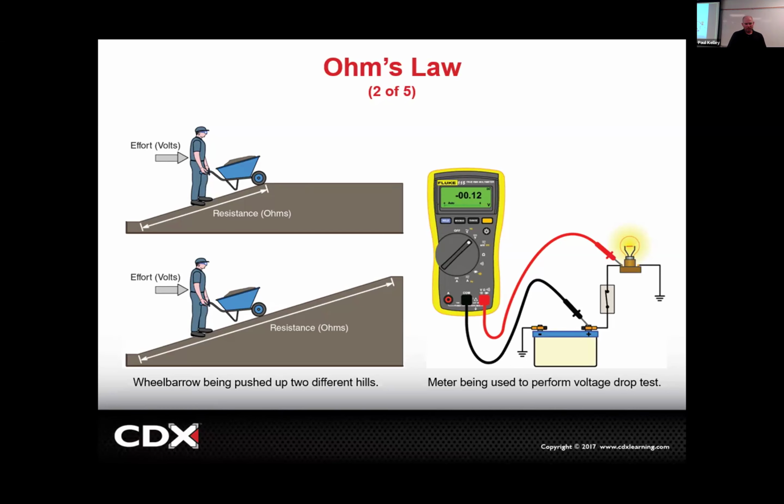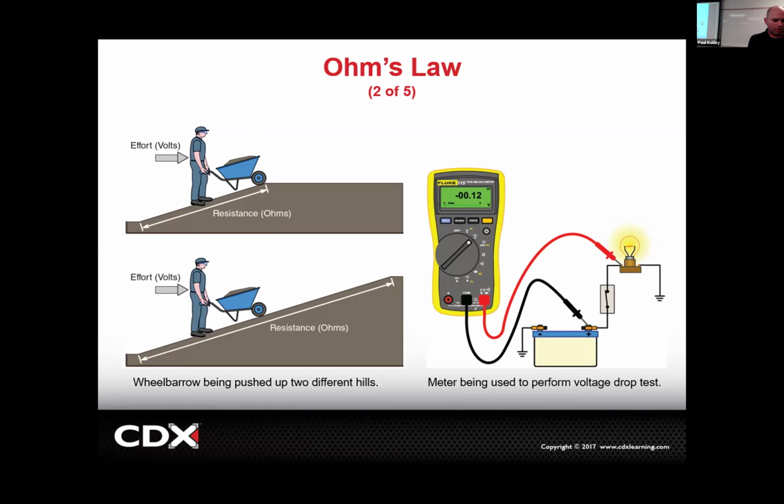But likewise, if we were to get Buddy a helper, and now you've got two buddies, you've got double the force pushing up the same hill, can't you see how we'd move double the wheelbarrow loads, right? That's what I mean with electricity. To really understand it, you do have to understand we change more than just the resistance, even though in automotive we're mostly looking at varying resistance. If you were to vary the voltage, it has an effect as well.